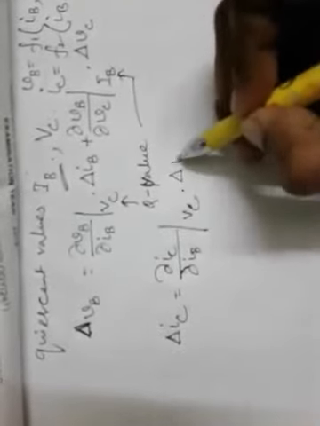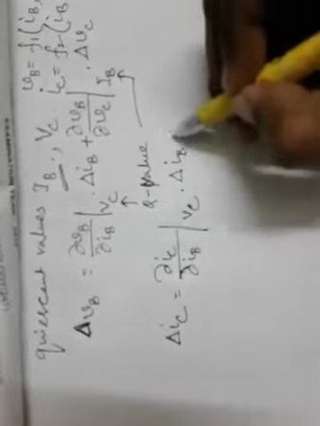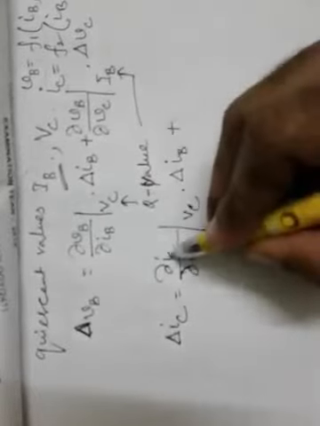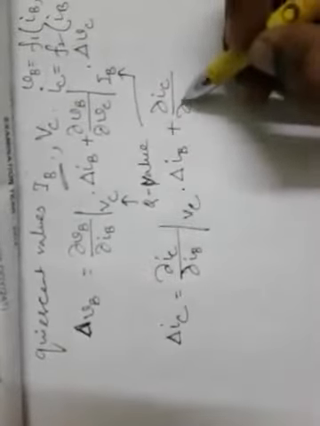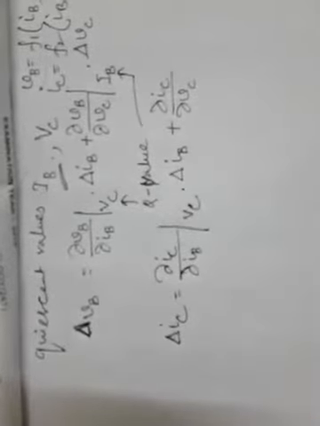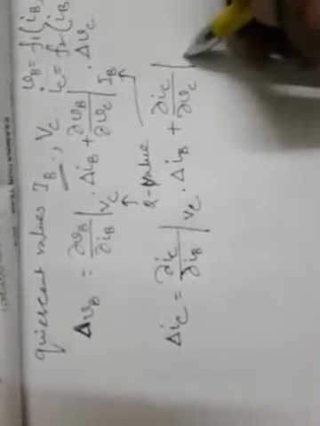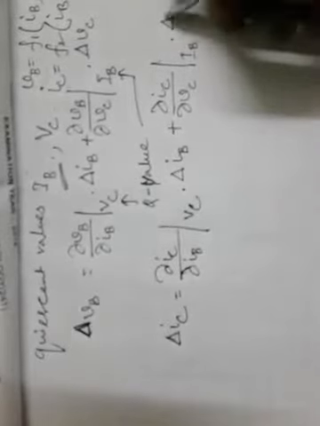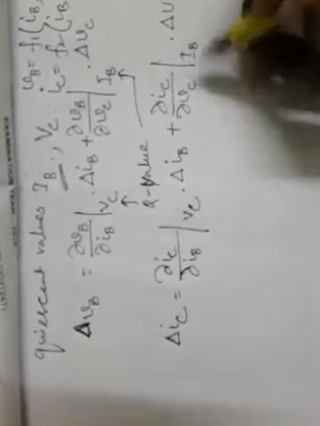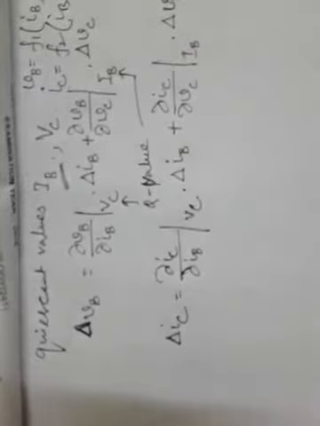Delta IB, plus the change in IC for a change in VC, del IC by del VC, when the other variable IB is constant, multiplied by the absolute change in this variable, that is delta VC. So these are the two equations.